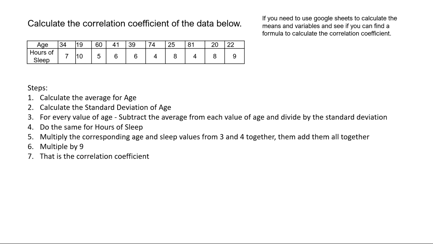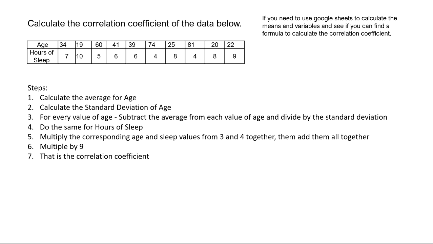I'm going to give you the opportunity, if you want, to go on Google Sheets and try to figure out, using Sheets, how we can work it out, because you have to figure out the average for age, and the standard deviation for age, which I've shown you how to do in some of the work we've done before. Then for every value of age and hours of sleep, you need to do the value minus the mean divided by the standard deviation.